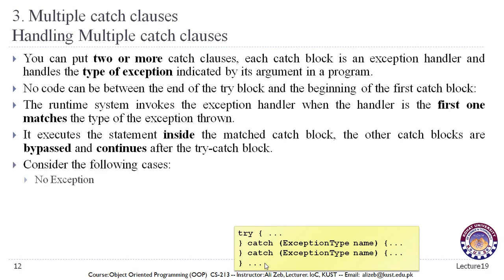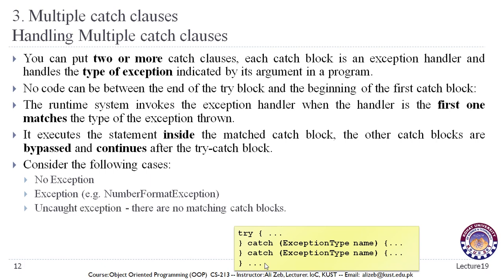Consider the following cases. For example, if there is no exception, then no catch block will be executed and we will go directly to the code that is following the catch blocks. If there is an exception, a number format exception, or maybe an uncaught exception, for example, if there is an exception in our code and none of these catch blocks were able to catch that exception, this might be one situation, and we might use a general exception.